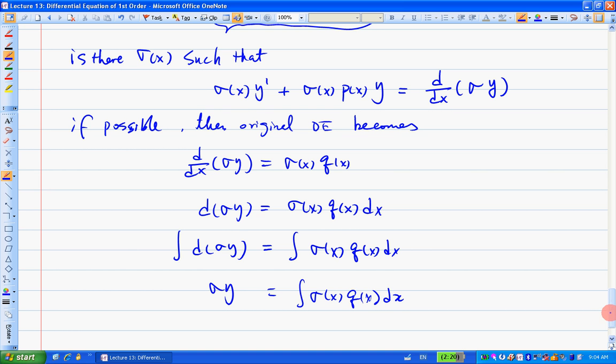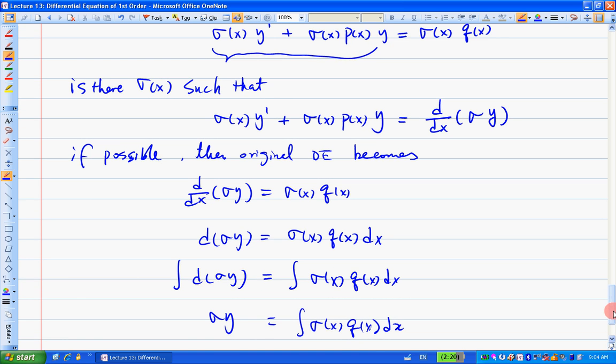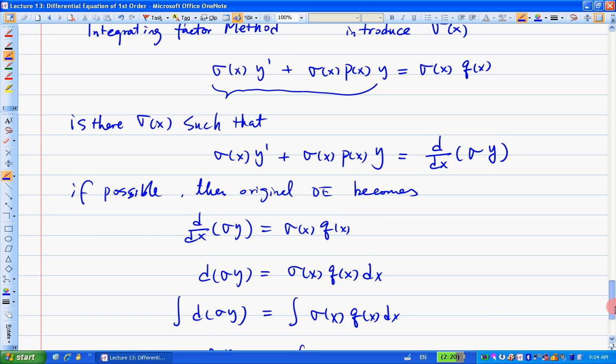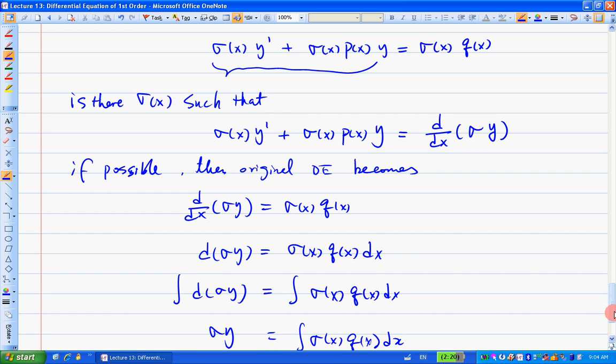Let me go back to the original here and answer Dustin's question. What's the logic behind doing this? You want to solve this differential equation with a simpler approach. So you multiply each side by a function sigma of x.